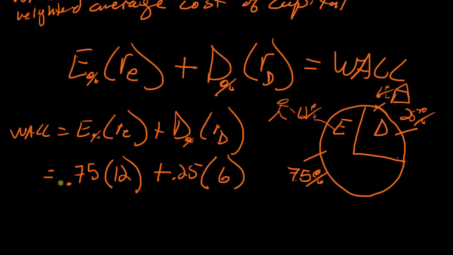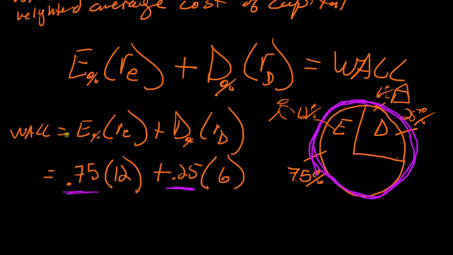First of all, note that the 75% and the 25% add up to 100%. That is my big circle here. That means that I have a 100% capital structure.